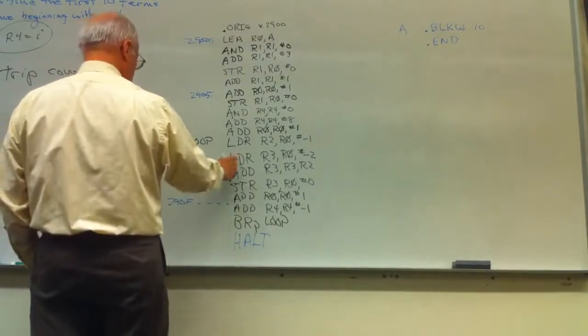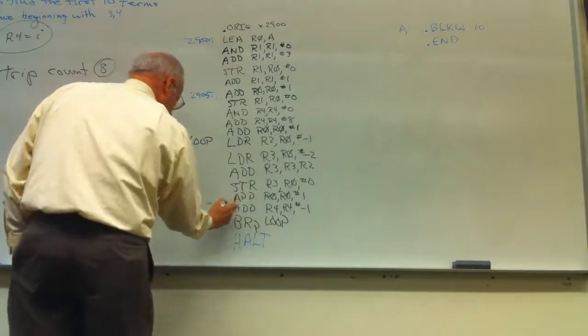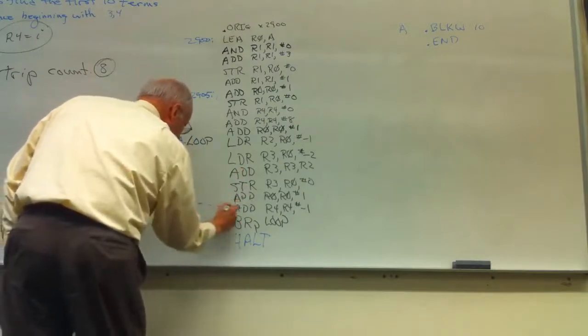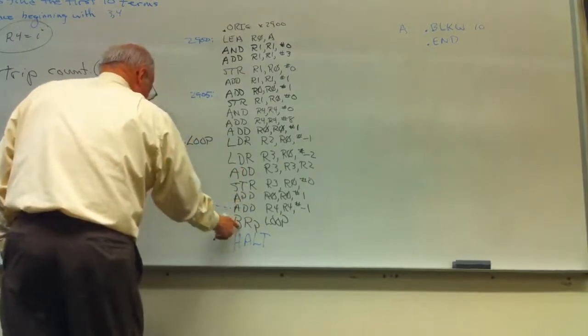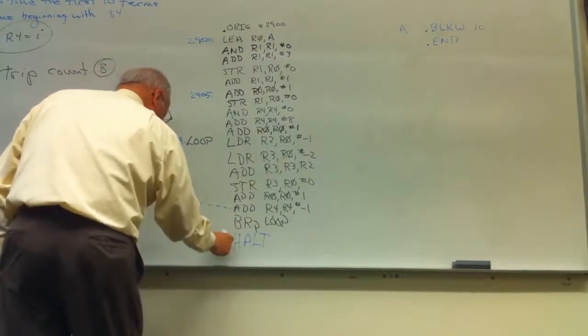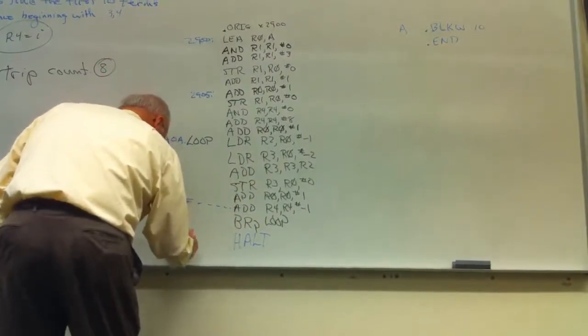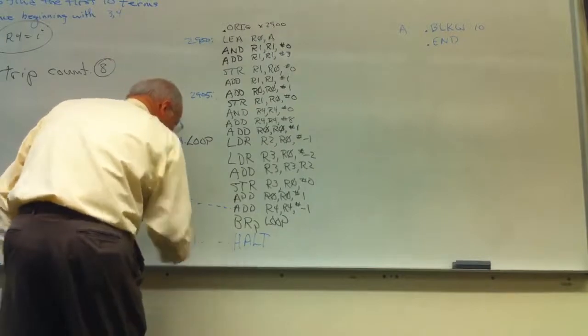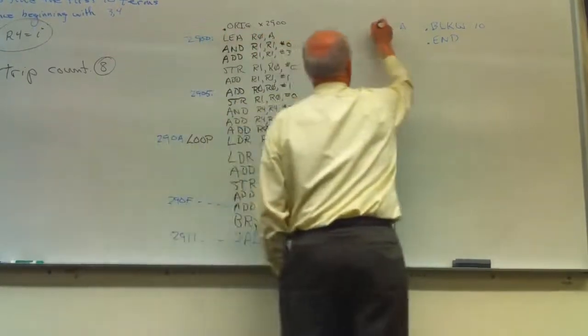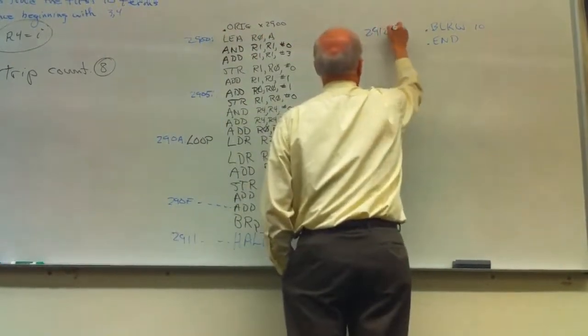Which one was that? 12, 13, 14, 15. This is 2911 here. This is 2912.